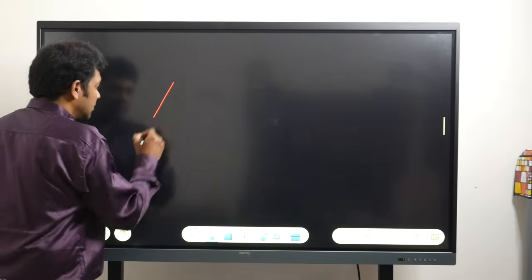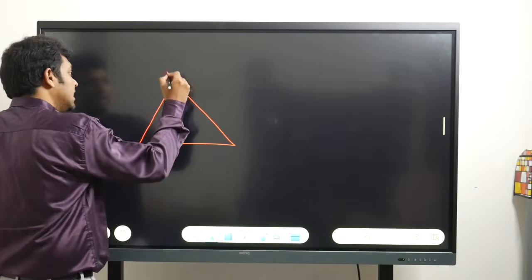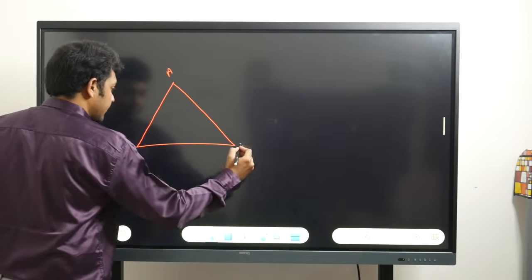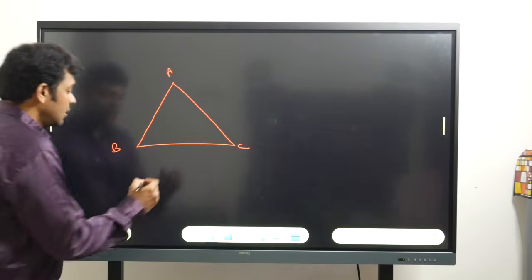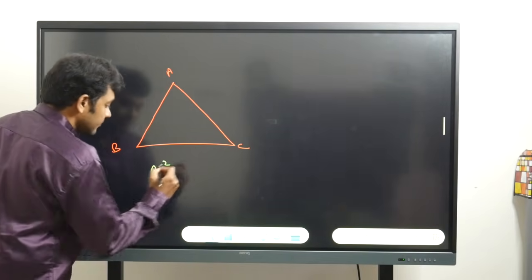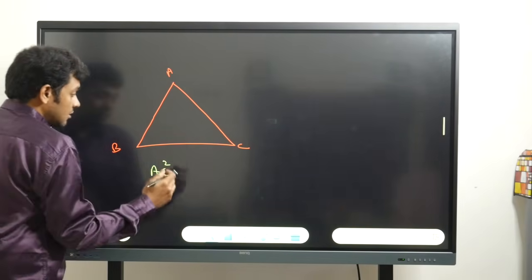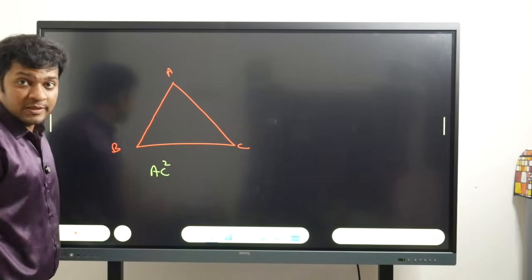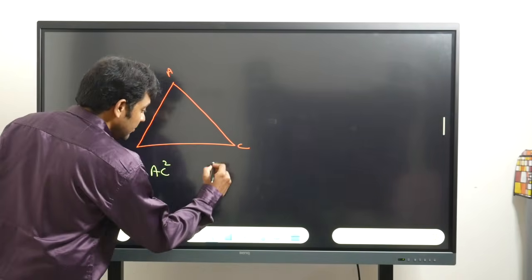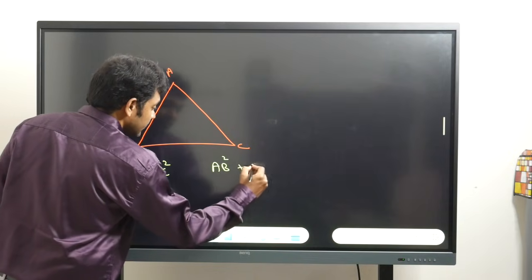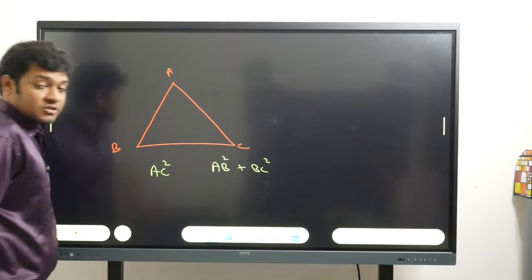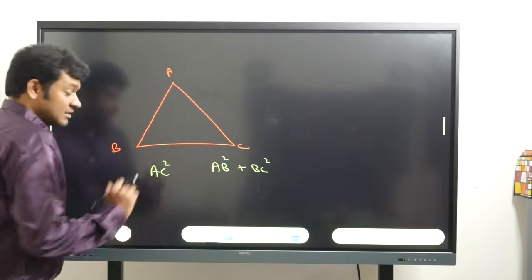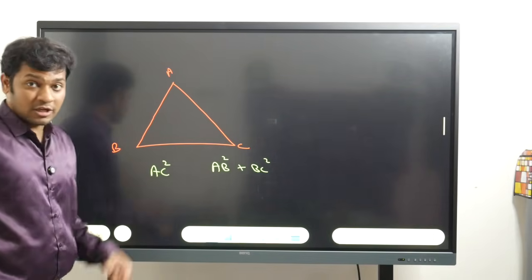Now let's consider this triangle ABC. It's an acute angle triangle. We know AC square is less than AB square plus BC square.